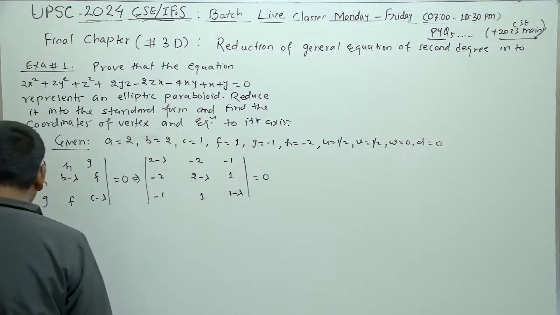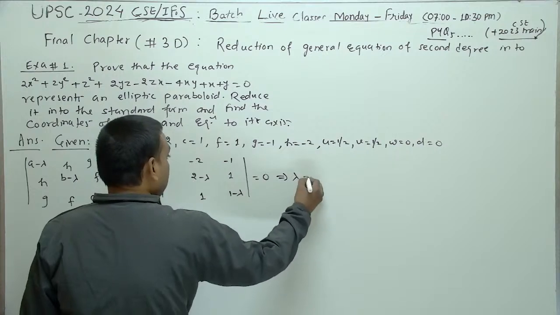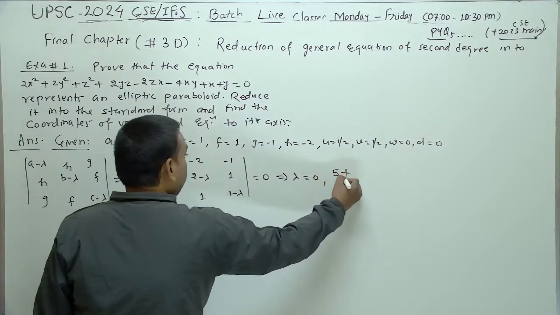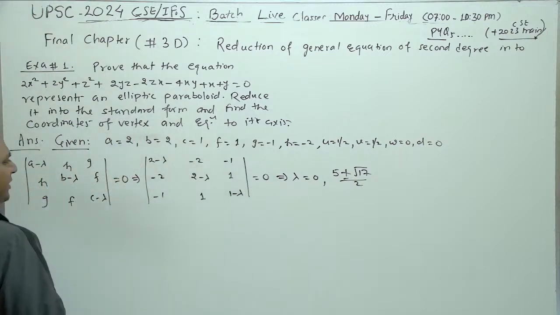From here we got lambda as 0, 5 plus minus under root 17 by 2. Please write that out directly.